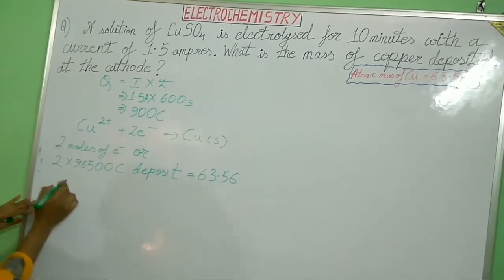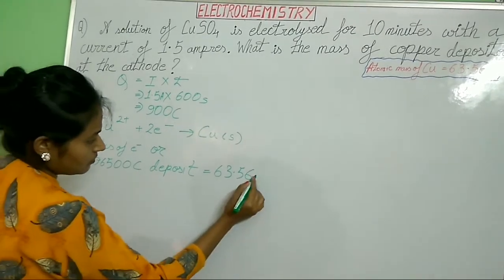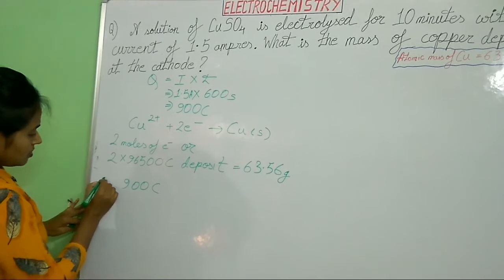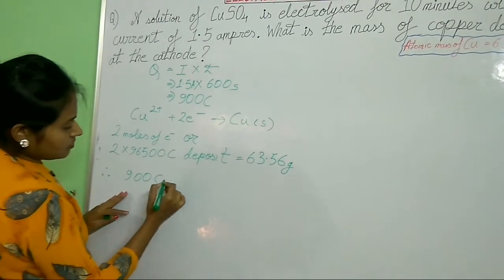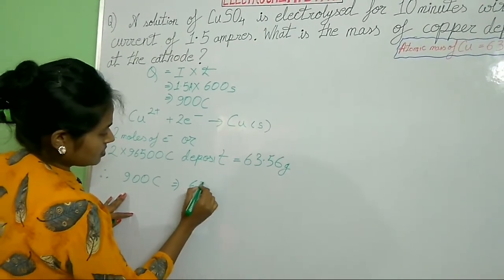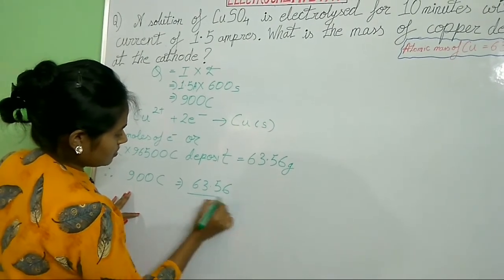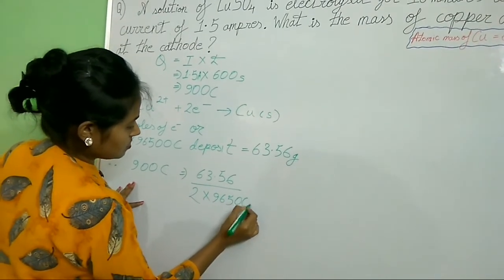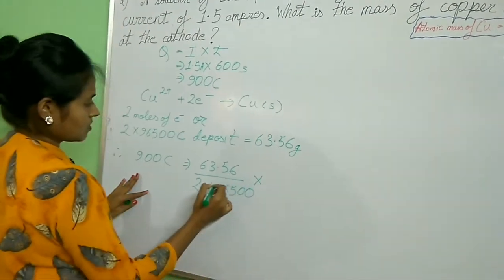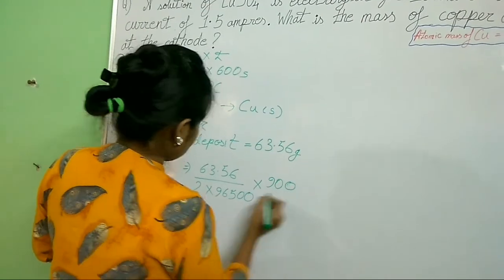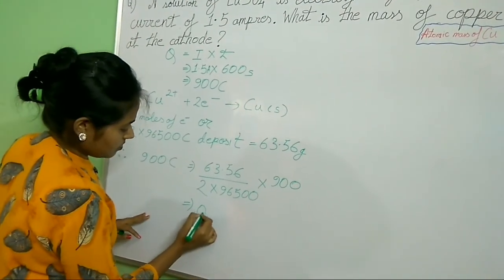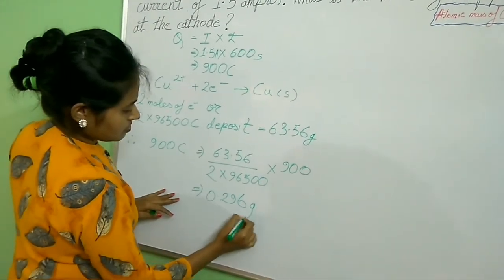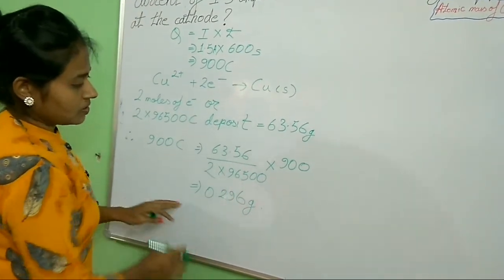So this much charge deposits 63.56 grams. How much will 900 Coulomb deposit? Therefore 900 Coulomb will deposit 63.56 divided by 2 into 96500, into 900. The answer, if we calculate, is 0.296 grams. This much copper will get deposited.